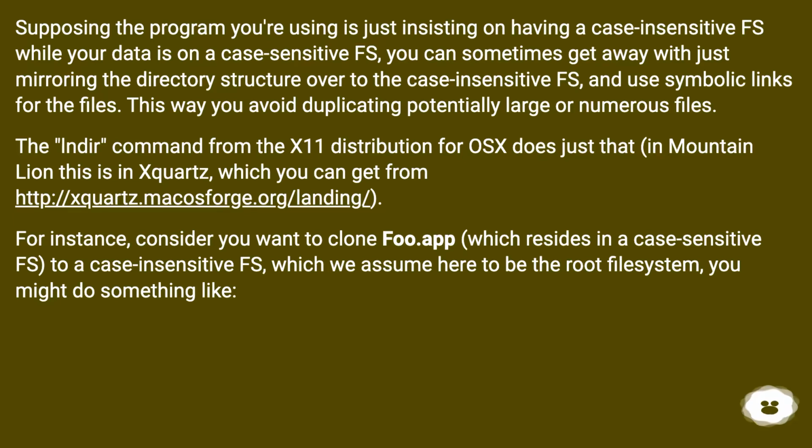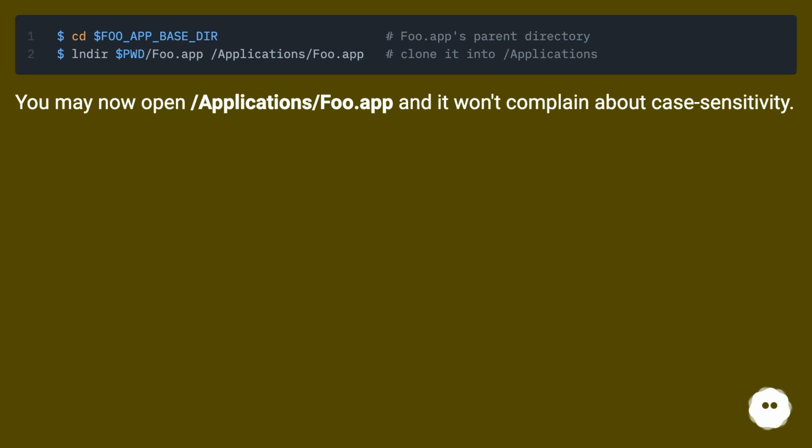For instance, consider you want to clone foo.app, which resides in a case-sensitive FS, to a case-insensitive FS, which we assume here to be the root file system. You might do something like this. You may now open /Applications/foo.app and it won't complain about case sensitivity.